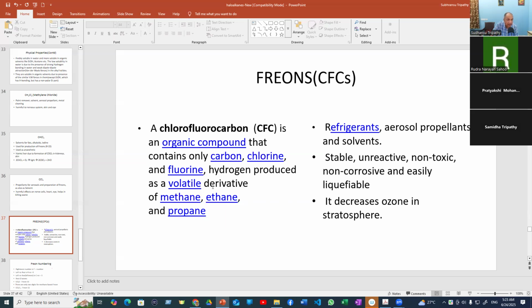At normal pressure they are gases, vapors, but they have been liquefied by applying pressure, like ammonia and other gases. They are used as refrigerants and aerosol propellants. Stable, non-reactive, non-toxic, non-corrosive, and easily liquefiable by applying pressure. It decreases ozone in the stratosphere.